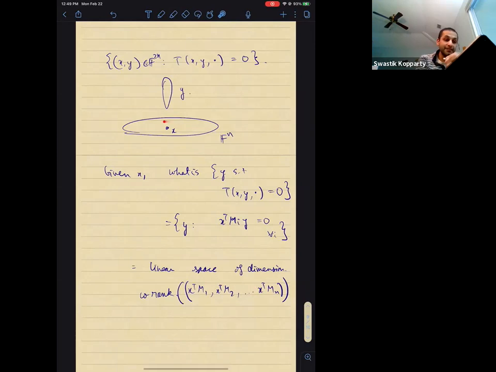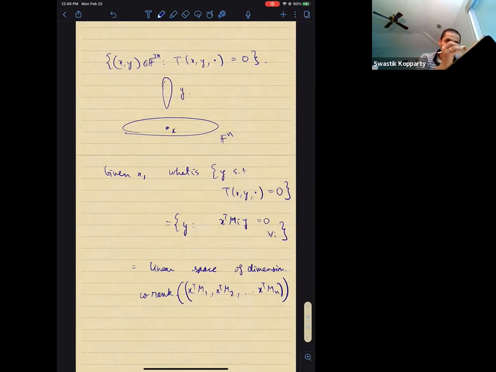For those x's, maybe there's a j-dimensional set of x's such that over each x in that set, there is a codimension i space of y's sitting there.